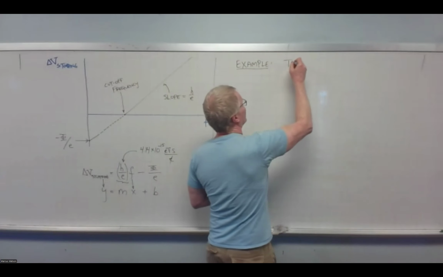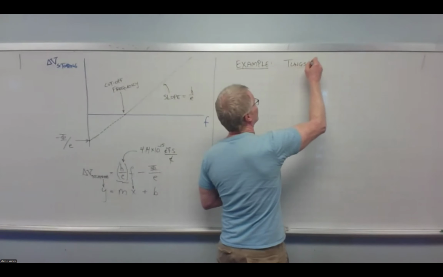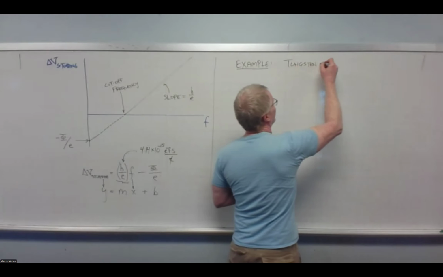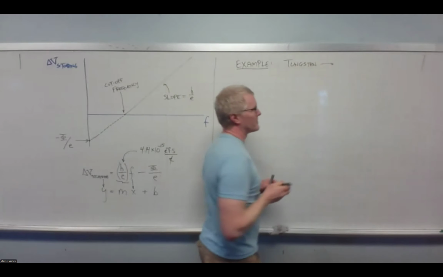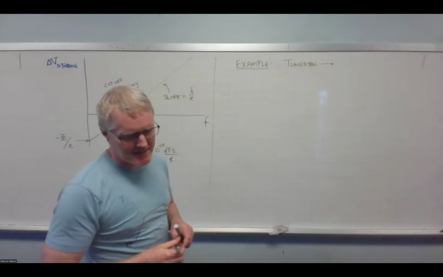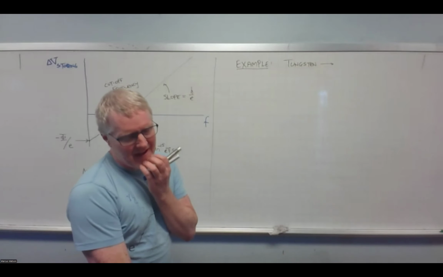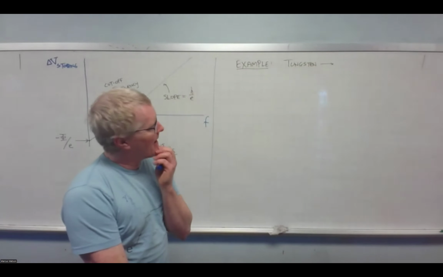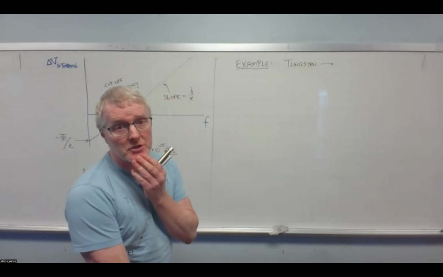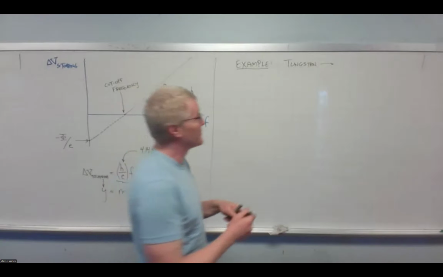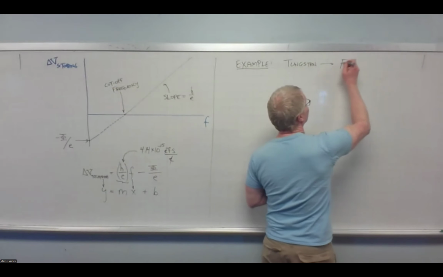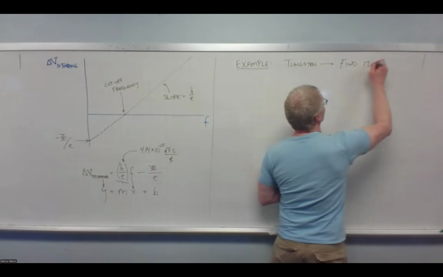Okay, suppose that I have tungsten, and let's imagine that I have the question, what is its work function? Okay, so our goal here is to try and find its work function.